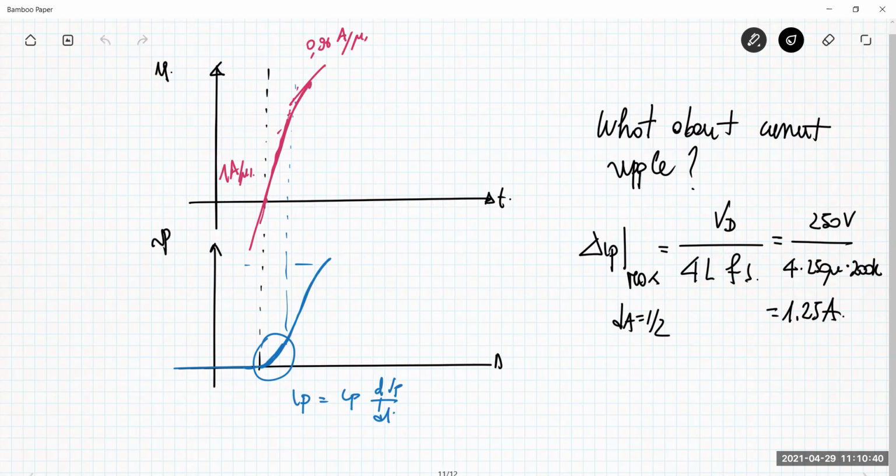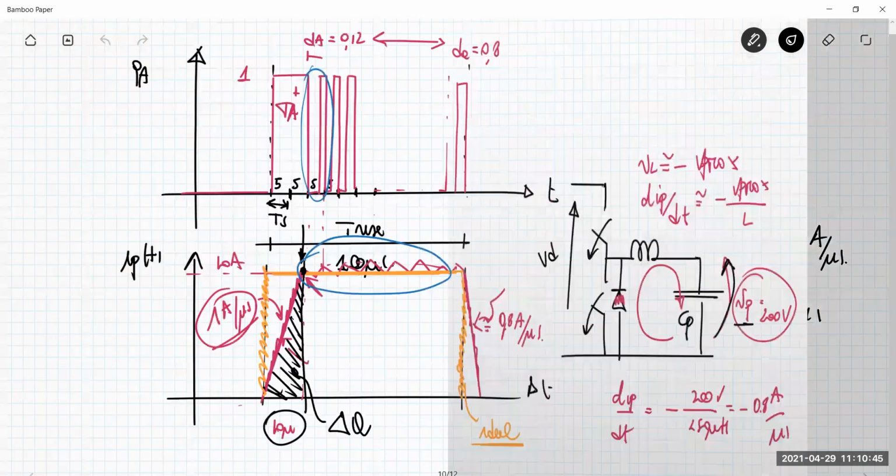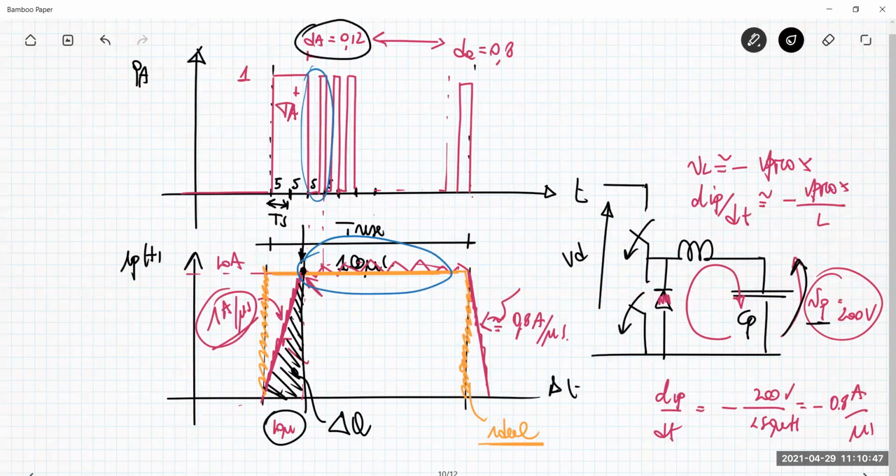The duty cycle of 1/2 is a duty cycle that is employed here, but the duty cycle ranges from 0.12 to 0.8. So in between, there will be a point in which the duty cycle is around 0.5. It means that my peak to peak ripple, when the duty cycle reaches this value, is more or less 1.25 amp. So my current is not exactly 10 amp.